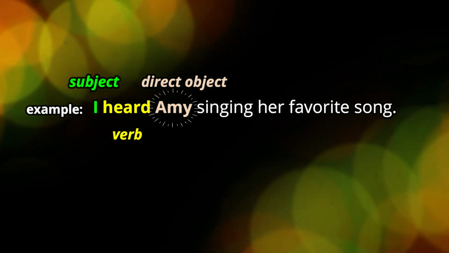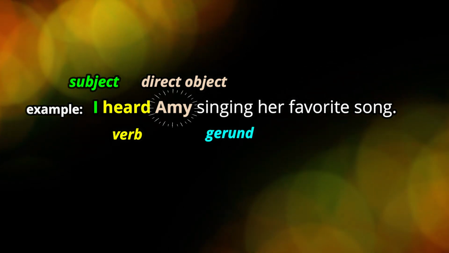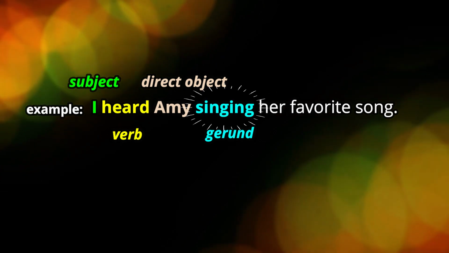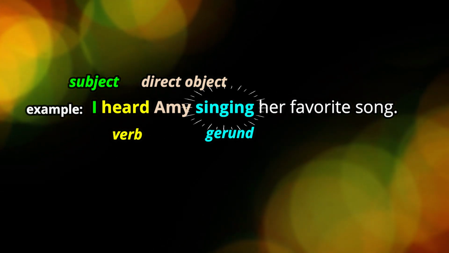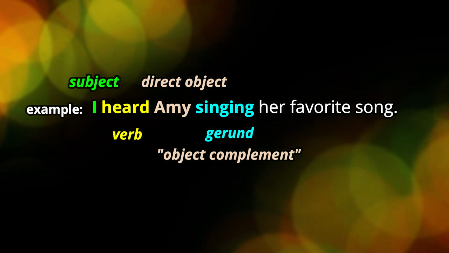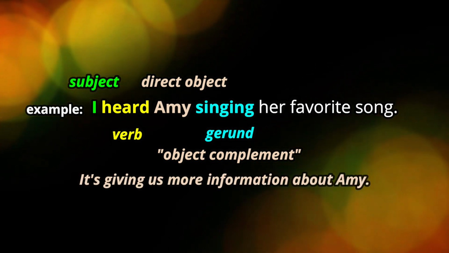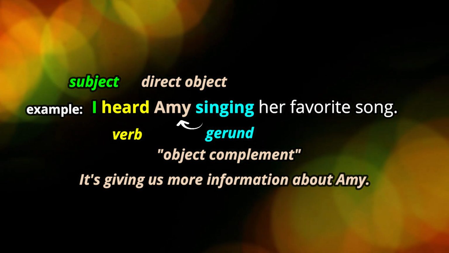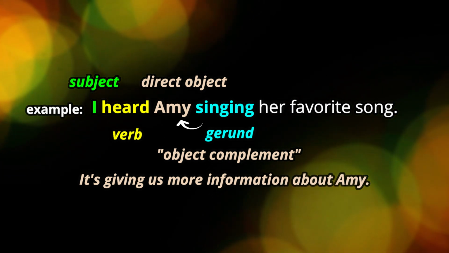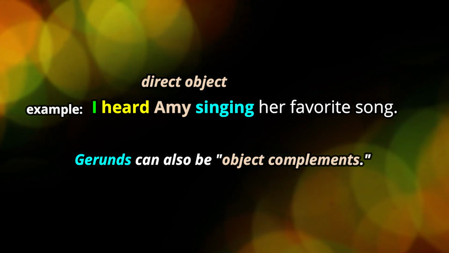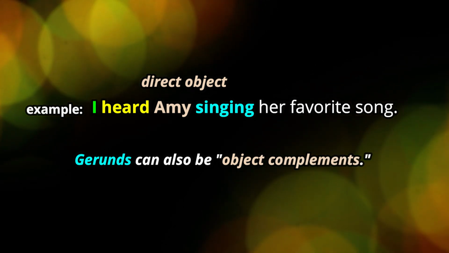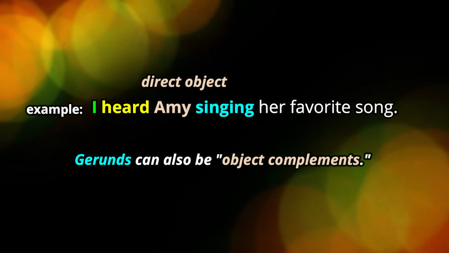Amy. And we find our gerund singing, and it's actually the object complement of this sentence. It's giving us information about Amy, about the object, the direct object. So we can see that gerunds can also be object complements.